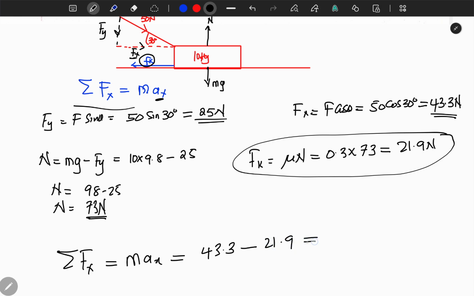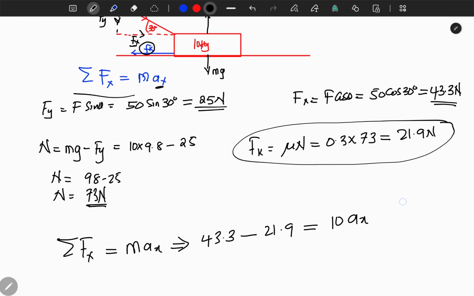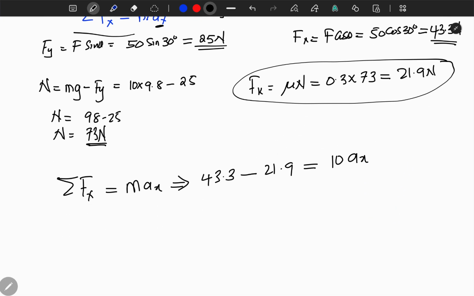This is equal to m, the mass, which is 10, times the acceleration ax. So subtract 43.3 minus 21.9. What are you getting? I'm getting 21.4. This is equal to 10 ax. Divide by 10 over 10, and the acceleration is 2.14 meters per second squared.